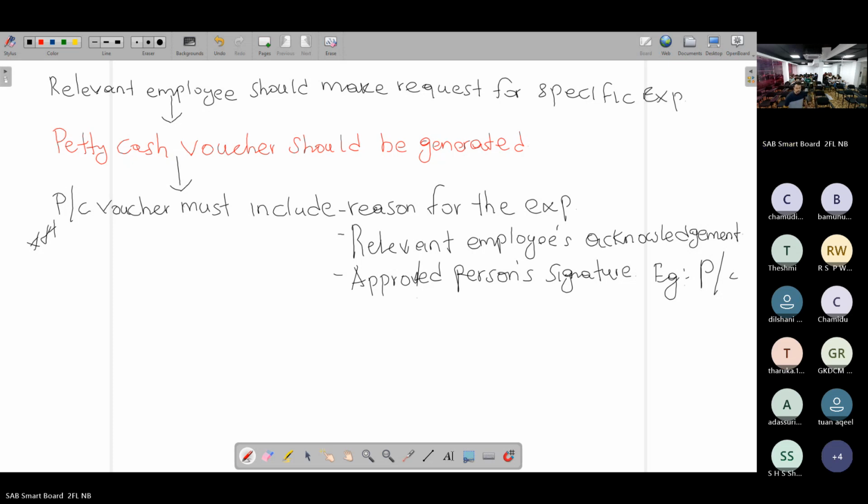And the most important thing out of these four also, each and every petty cash voucher must be supported by bills, or receipt, or invoice. Any word you can use, simply say invoice or bills. For stationery, the payment voucher is there, but the supplier's invoice must be attached to the payment voucher.